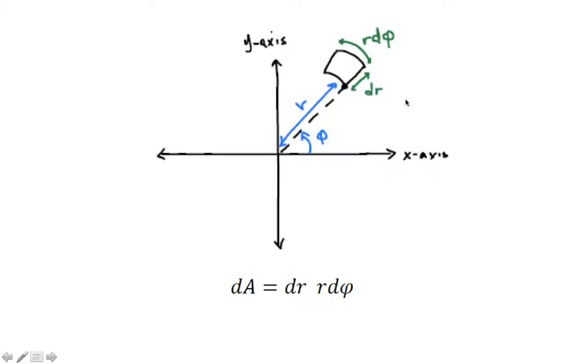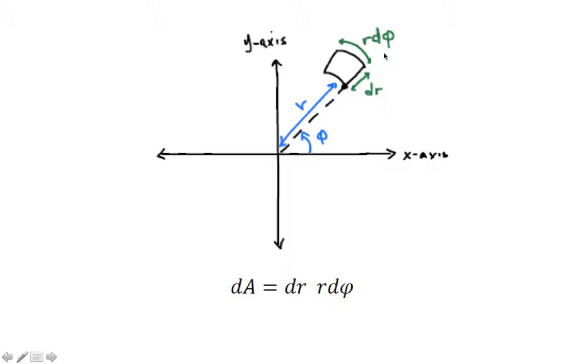In polar coordinates, the area element is going to be dr times r dphi. That is, if we moved a little bit in the radial direction, we would move a distance dr, but if we swept out a larger angle, dphi, we would move a distance r dphi. This area element is not a square. It actually looks like the section of a washer.